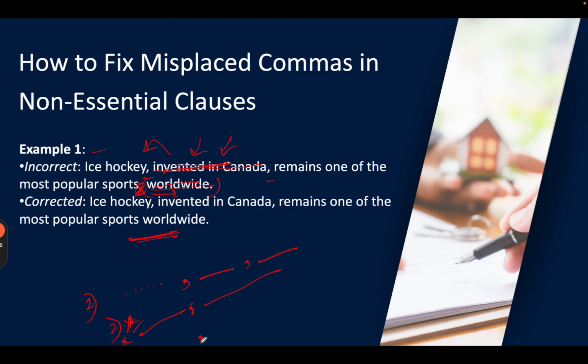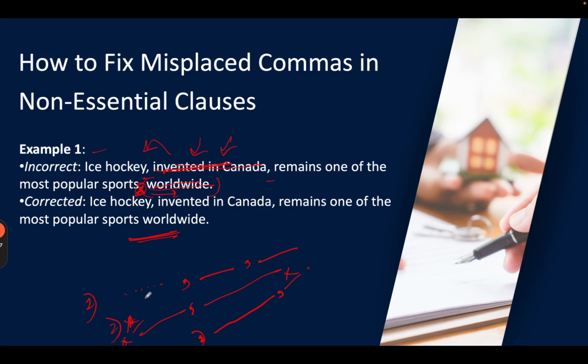The third way you can find a non-essential clause is that a sentence is going on and then there's a comma, some piece of information, and then a period. In this case, this is the non-essential bit. So sometimes it's not necessary that the non-essential bit is always going to be in between two commas in a sentence.